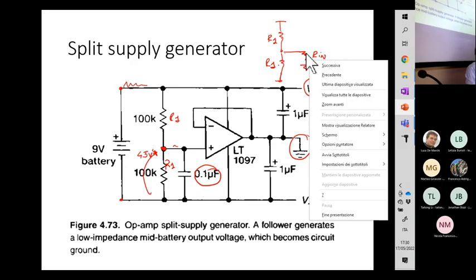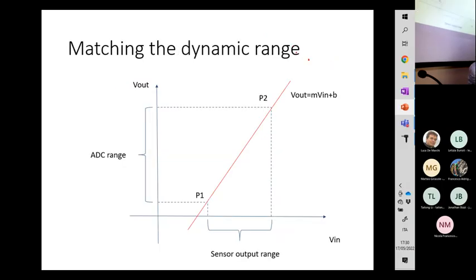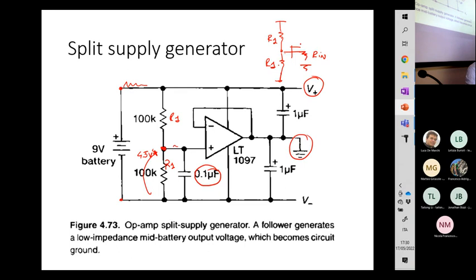Okay, if you had a resistance here in parallel, the voltage at this node will not be 4.5 volt anymore, because the voltage divider effect is different. You have Rin parallel to R1 divided by Rin parallel R1 plus R1 as voltage divider effect. Okay, so this should be multiplied by 9 volts.